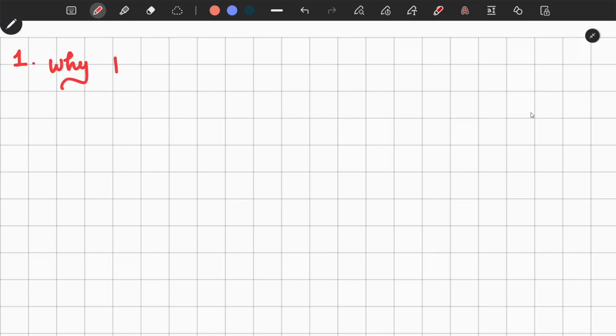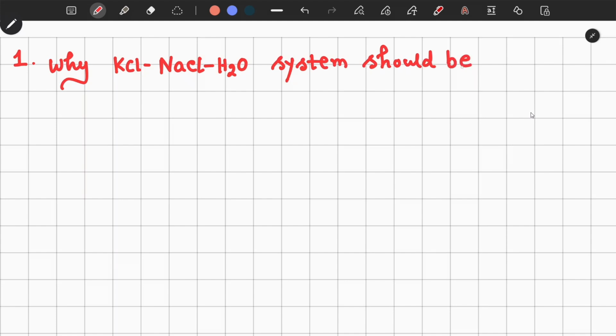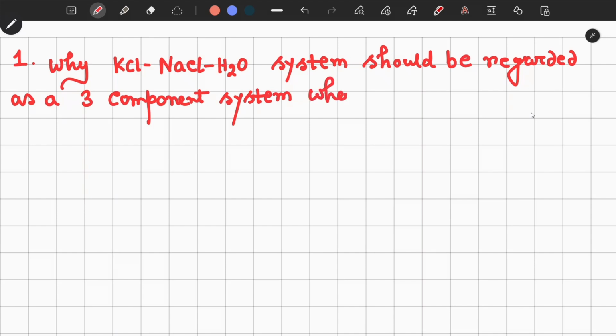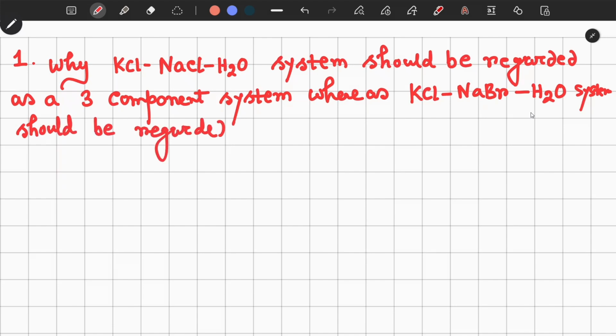Why should the KCl, NaCl, water system be regarded as a three component system, whereas the KCl, NaBr, H2O system should be regarded as a four component system?